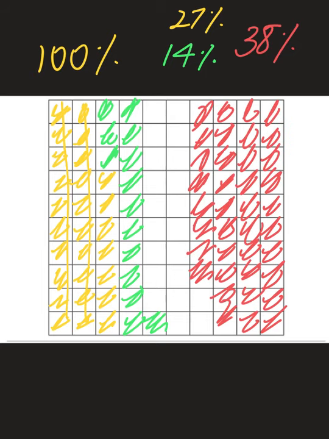So here we see 27% of the 100 square is coloured in yellow, 14% is coloured in green and 38% is coloured in red. So what percentage of the 100 square is not coloured? So we see that we have a full 10 here, and 9 is 19, 20 and 21. 21% of the 100 square is not coloured.